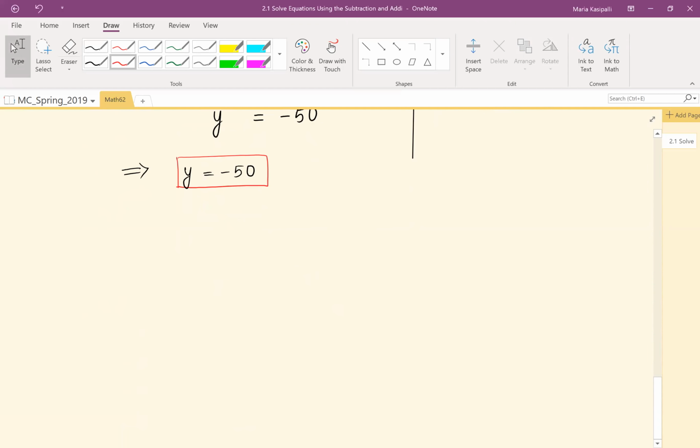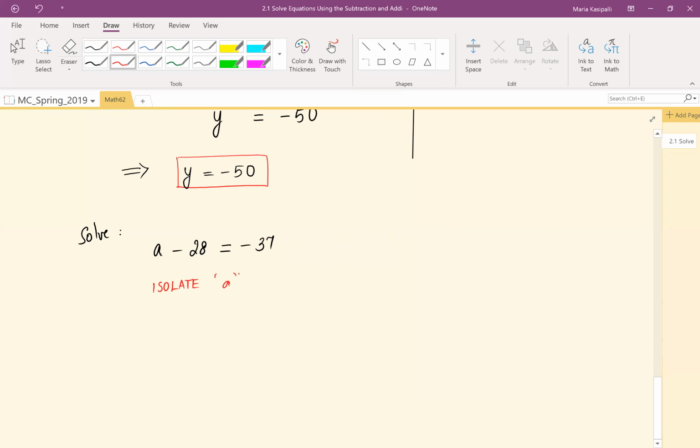Let's say we had: solve a minus 28 equals negative 37. So a is our variable, and we know that we need to isolate a.